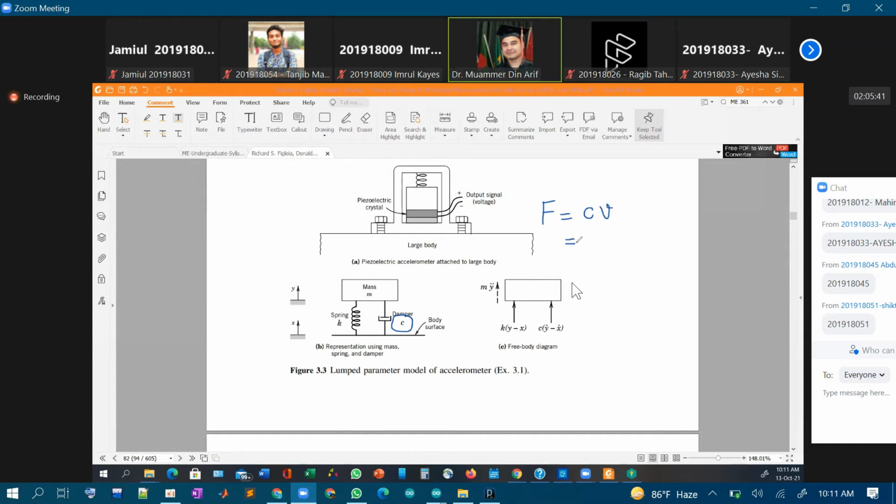We saw that the behavior changes depending on velocity, right? c times dy/dt. That's just exactly that.